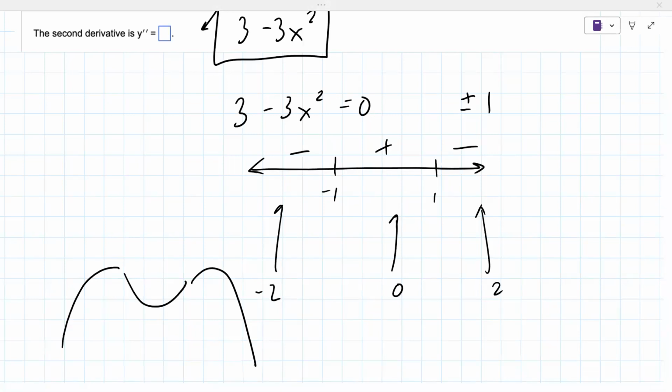So we can go to 25. First, second derivatives.